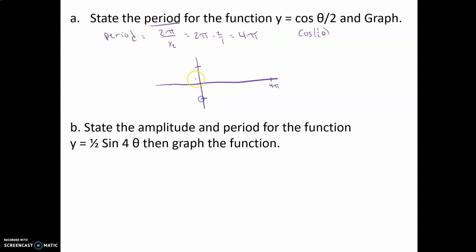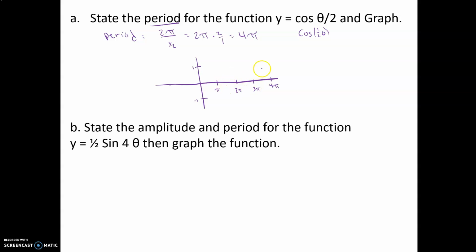We're still positive and negative 1 because my amplitude is still 1. And now you have to find those other marks, right? So halfway, 4 pi would be 2 pi. And then halfway, 0 to 2 pi would be pi. And then between 2 pi and 4 pi would be 3 pi.